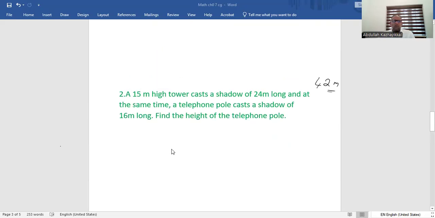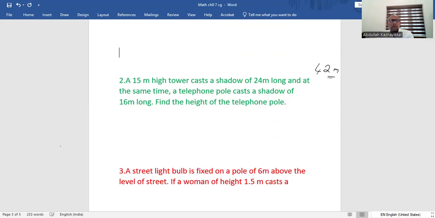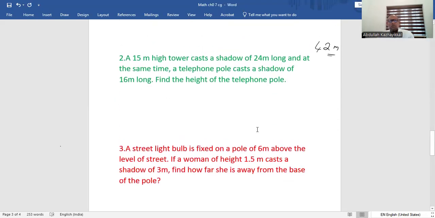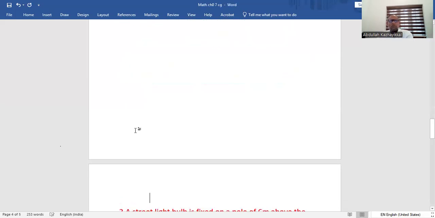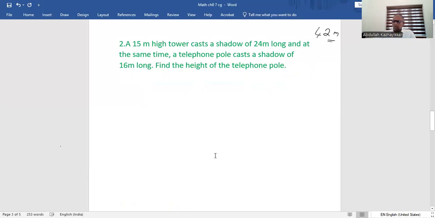No problem. This is very easy, I think, so there is no confusion. I think you understood the question. We can draw the figure.